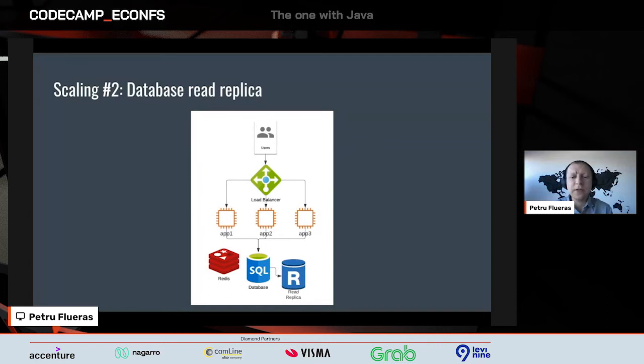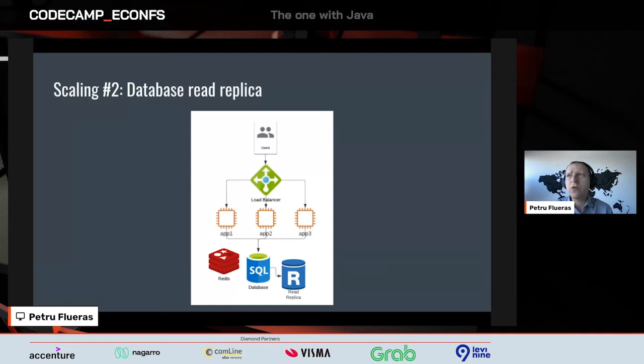I just want to mention here that replication between the master and the read replica takes a while, typically milliseconds. In this situation, the consistency of your application is relaxed a bit. You need to be careful if stale information is accessed.